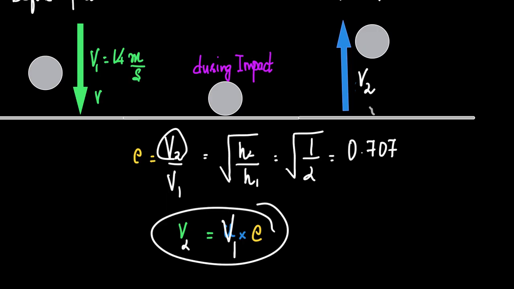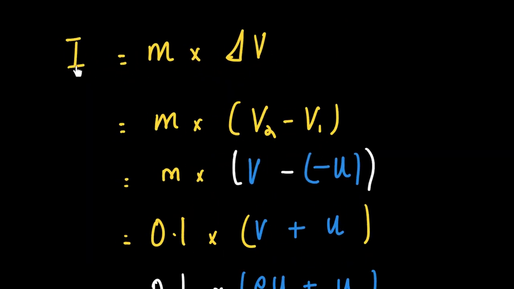Now, once you have the value of e, we can find out impulse, which is mass into change in velocity, mass into v2 minus v1. v1 is downwards, v2 is acting upwards, so they'll have opposite signs. v2 minus v1. v2 is v, v1 is minus u, minus is plus.